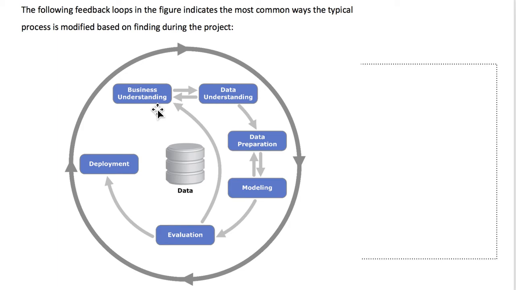The very first is business understanding, and second is data understanding. We usually go back and forth between those 2 steps. And then data preparation and modeling. Again, we go back and forth between data preparation and modeling.